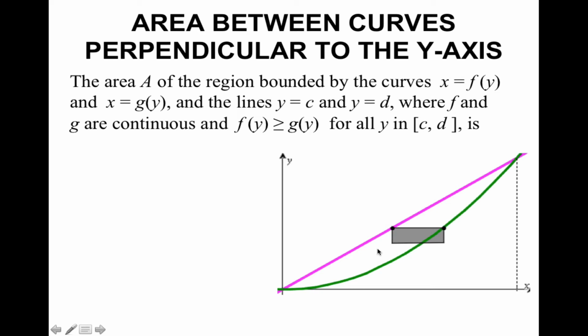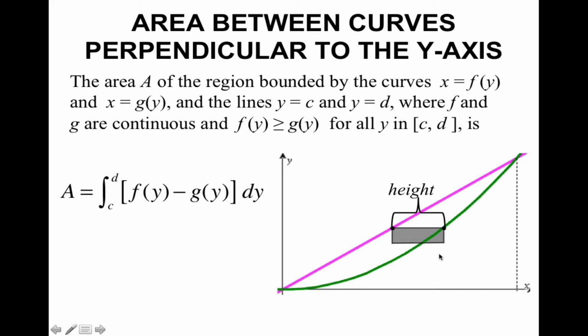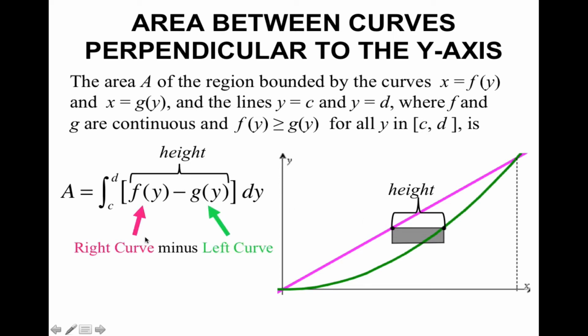So this time, I'm going to find this height, but instead of top minus bottom, there's no top or bottom when your rectangle is flipped like this. So this time you're going to do right minus left, the bigger minus the smaller. You're going to do the right curve minus the left curve when you are in terms of y.